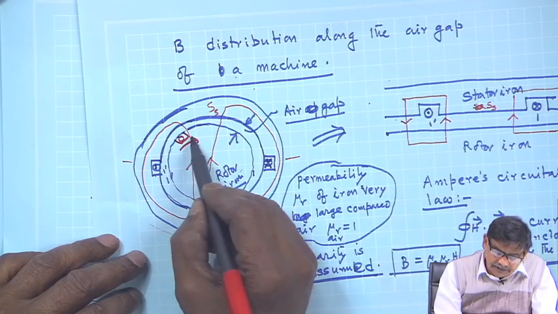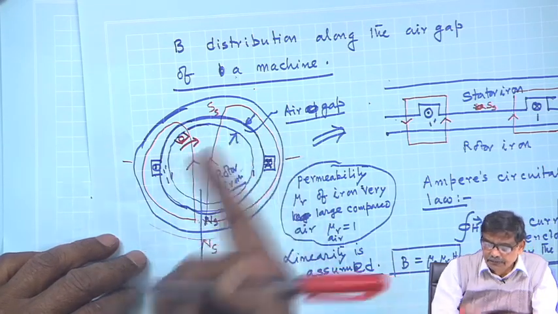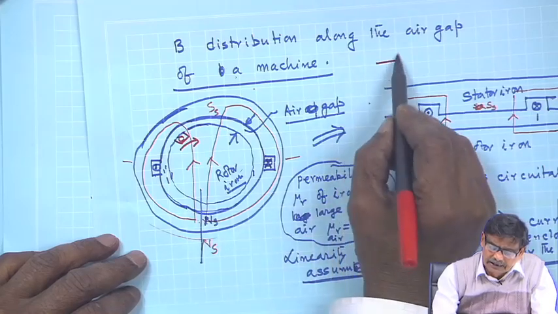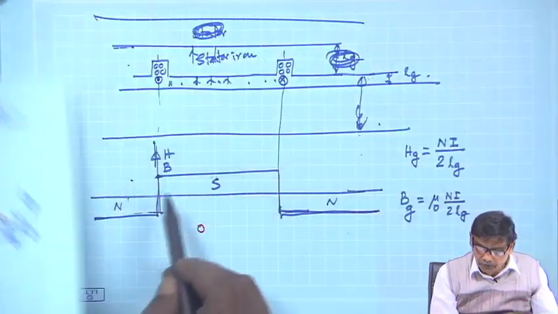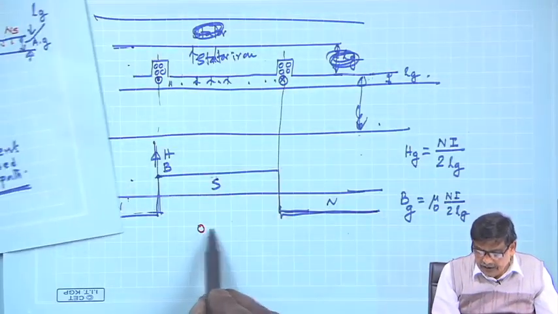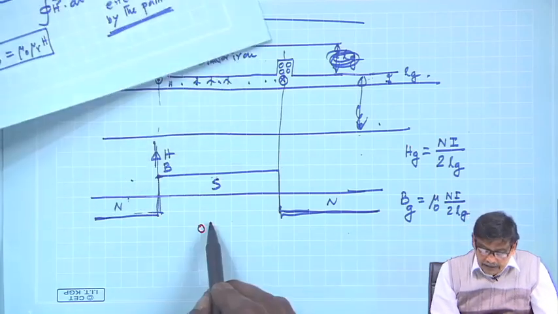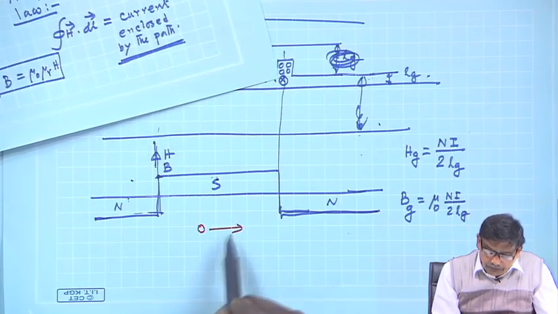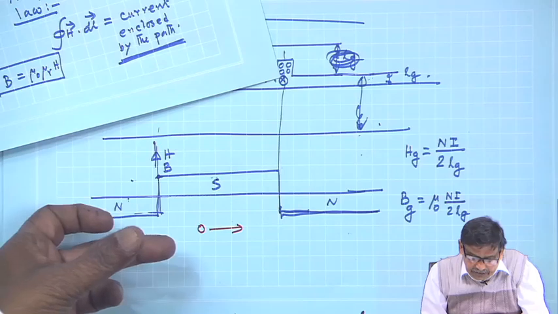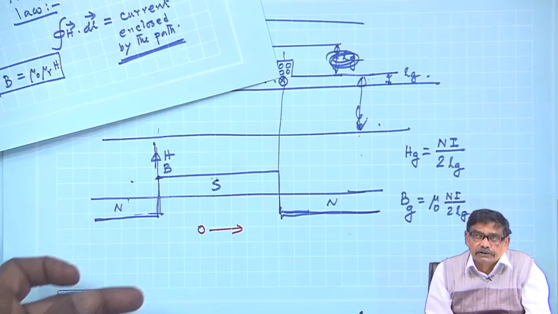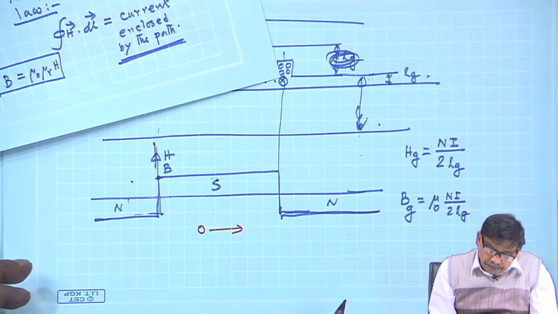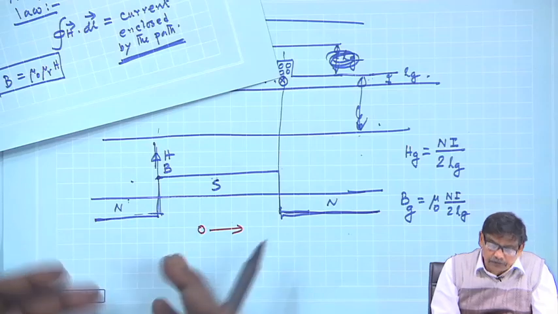Therefore, is it not the same as the thing we started with, that is, there are south-north pole patterns like this and a conductor is moving. And if this conductor moves, there will be voltage across the two ends of the conductor. And what will be the pattern of this voltage?